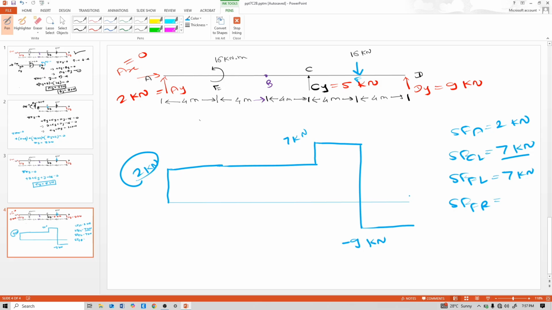And this goes straight because there is no load between F to D.